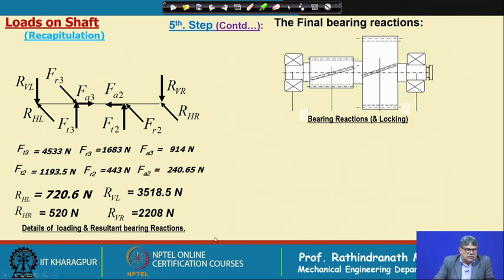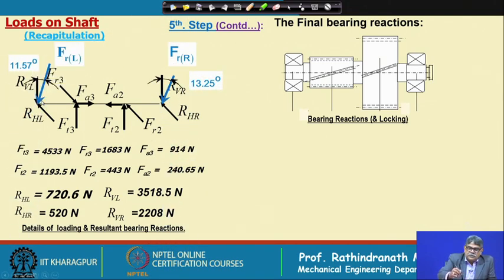In this case, what we find is that this is the vertical load at left hand bearing, and this is the horizontal load at left hand bearing and right hand bearing, which are given here.